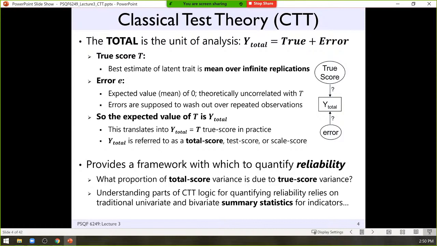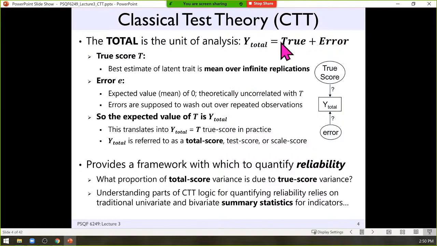If you were to administer the same set of items over and over again to a person, they might not have the same Y total. They should sometimes be a little high or a little low, but the errors should cancel out. So the expected value is the true score, because the errors are supposed to wipe out of the equation.